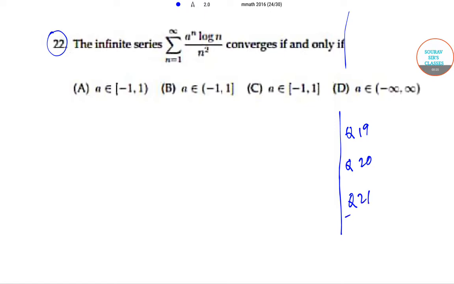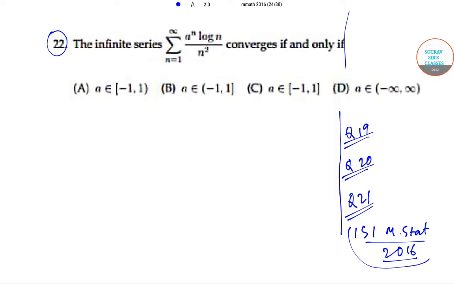question number 21. As you know, we have already solved the ISI MStat question paper for year 2016, and these very questions, question number 19, question number 20 and question number 21, have come in the ISI MStat question paper of year 2016. I'll be mentioning the corresponding question numbers for each of these three questions, and you can check the solutions to those questions for the relevant process and methodology.